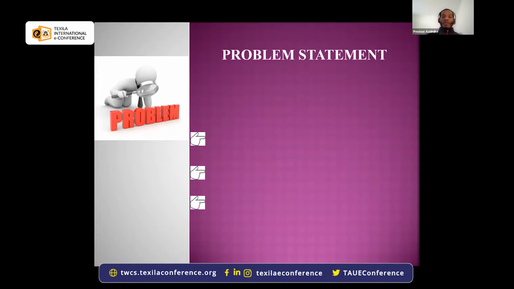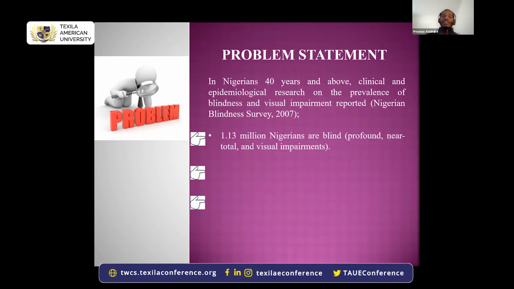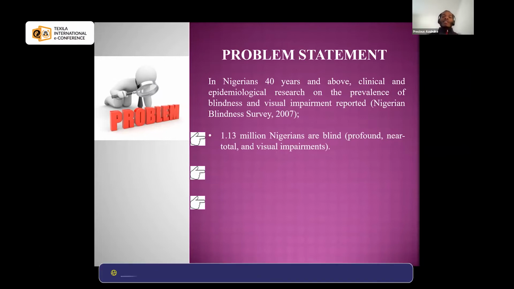As a statement of the problem, among Nigerians who are 40 years and above, clinical and epidemiological research conducted by the Nigerian Blindness Survey in 2017 revealed that over 1 million Nigerians are blind.